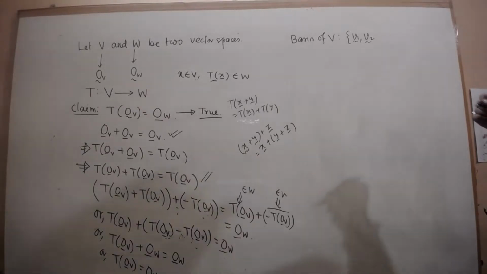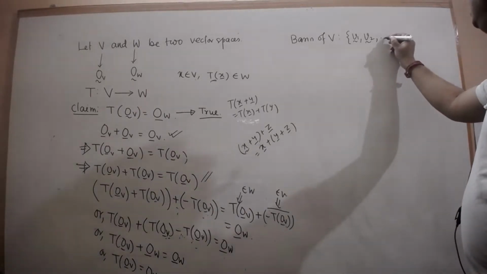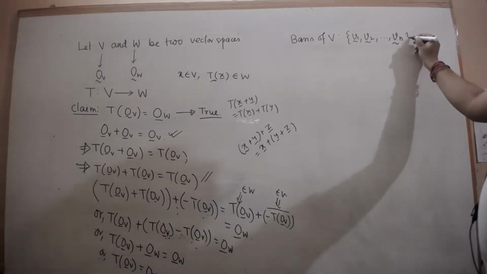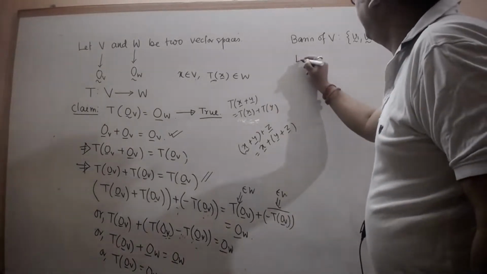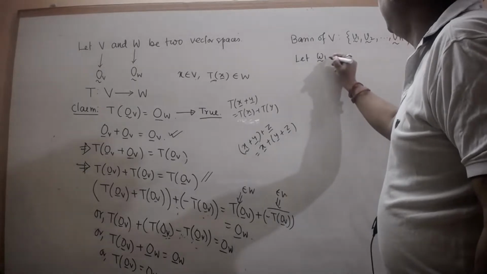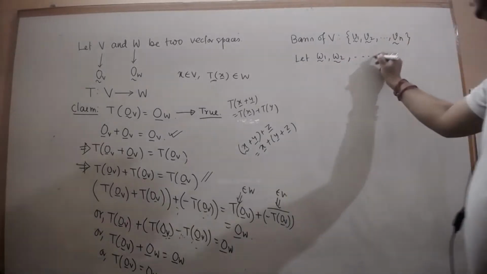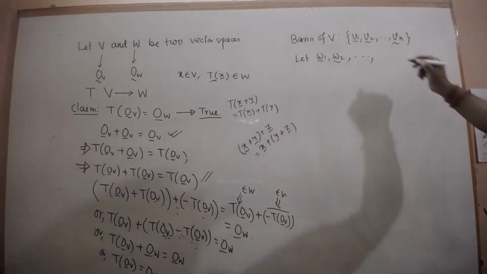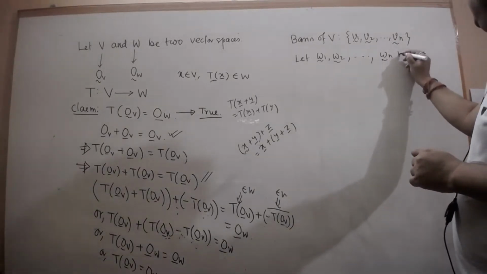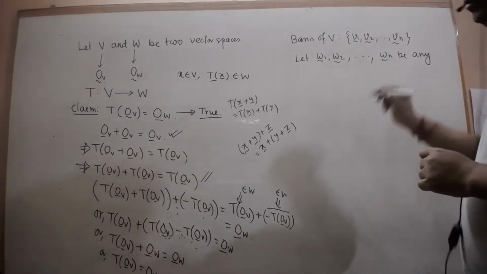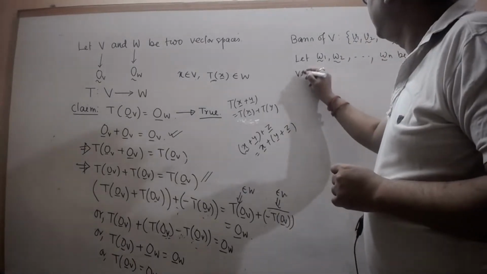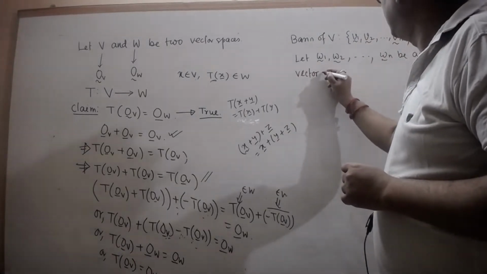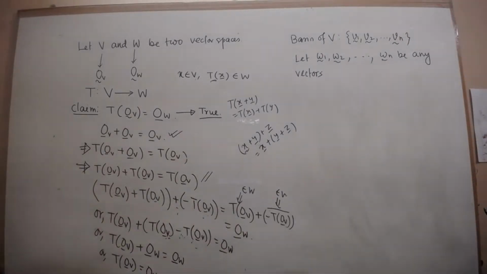Let the basis of V be V1, V2, ..., Vn. Let W1, W2, ..., Wn be any vectors, which may not be unique.